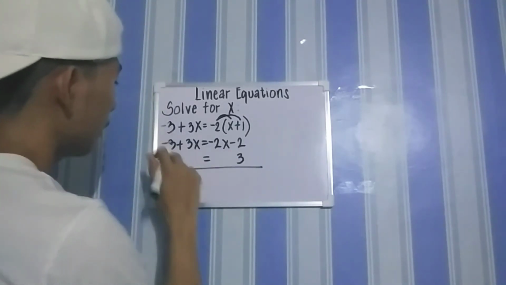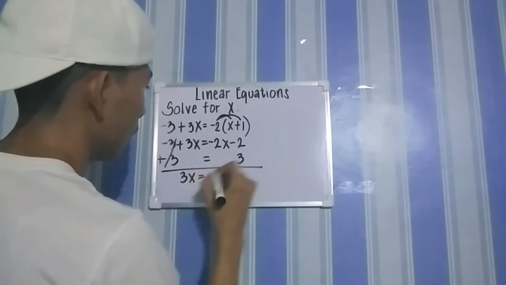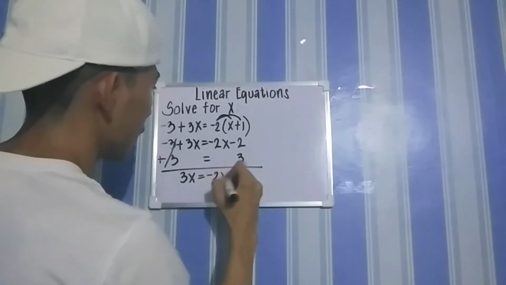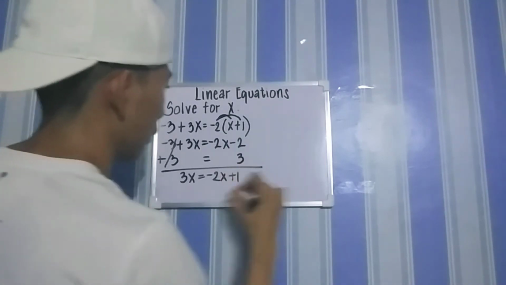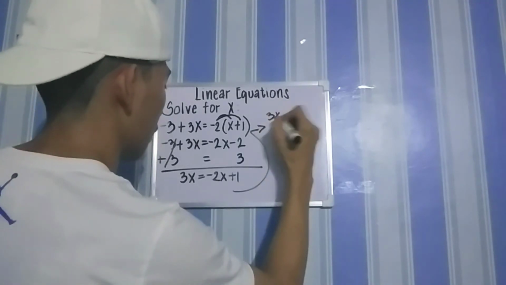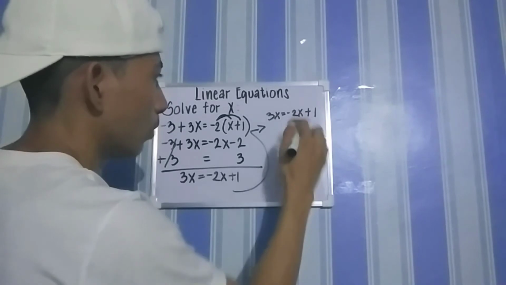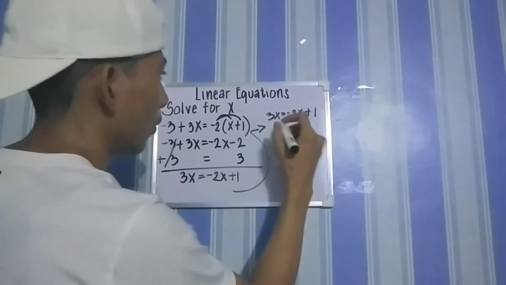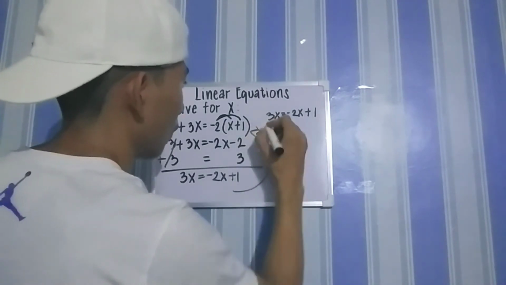So negative 3 plus 3, that is 0. So 3x is equal to negative 2x. Negative 2 plus 3 is equal to 1. So 3x is equal to negative 2x plus 1. So to get rid of negative 2x on our right side, we're going to add both sides by 2x.